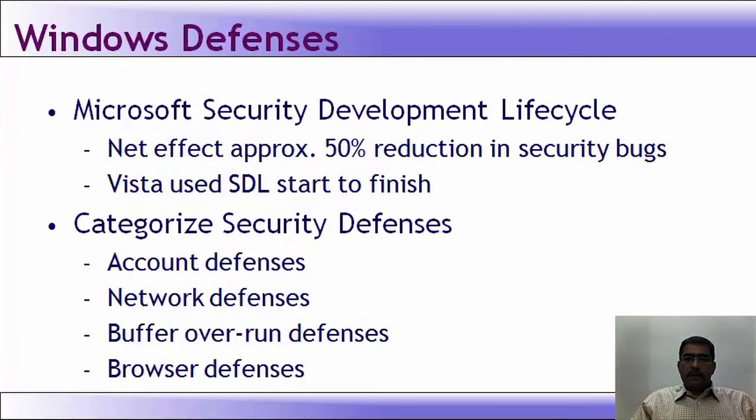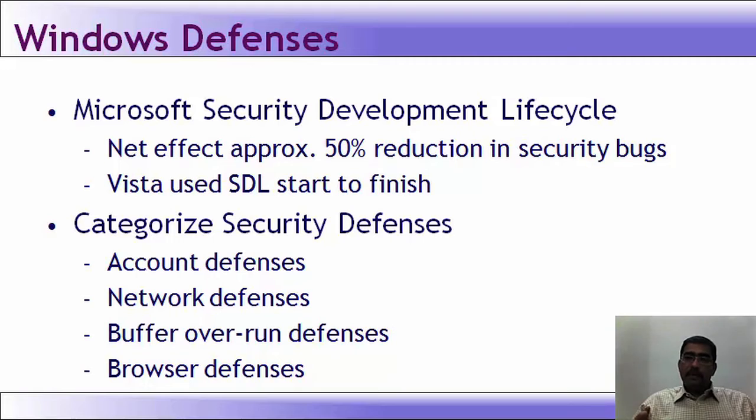Then Windows defenses. After 2001, Microsoft decided to change the software development process to better accommodate secure design, secure coding, testing and maintenance, with one goal in mind, that is to reduce the number of vulnerabilities in Microsoft products.